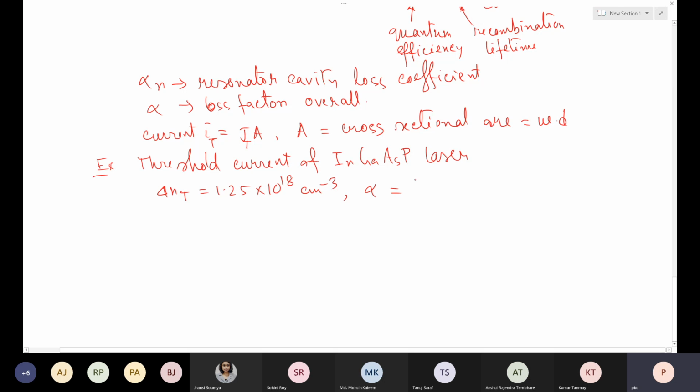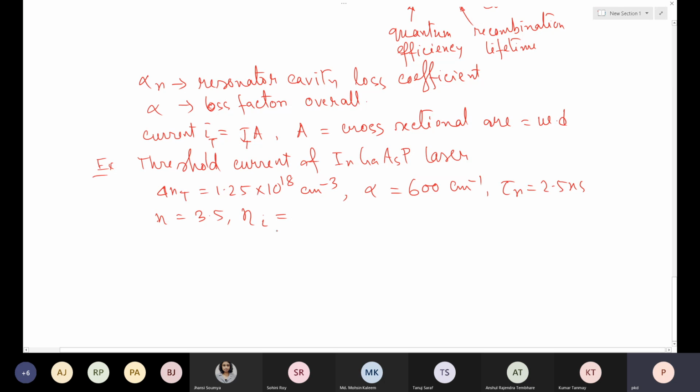Say alpha is 600 per centimeter, tau is 2.5 nanosecond, refractive index n is 3.5. Eta i, the quantum efficiency, could be 0.5 to 1.